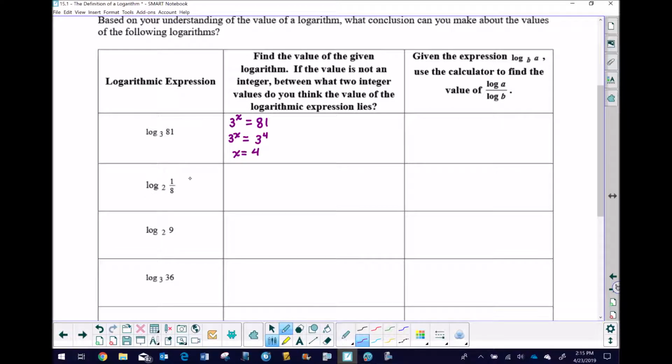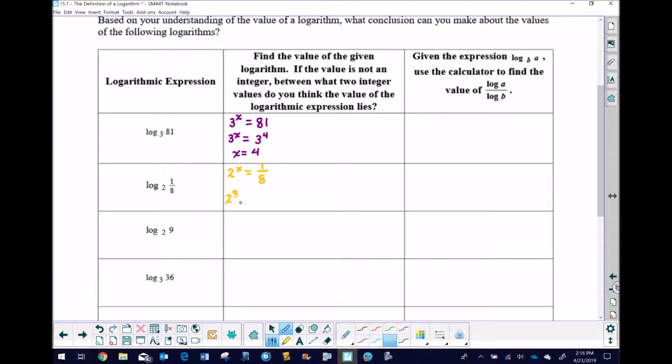2 to what power is 1/8? So this is what we're thinking. 2 to what power is 1/8? Now, it's possible that some of you watching this might be able to immediately jump all over what that exponent is. That's great. But if you can't, try to rewrite the 1/8 as a base of 2, because that's answering the same question.